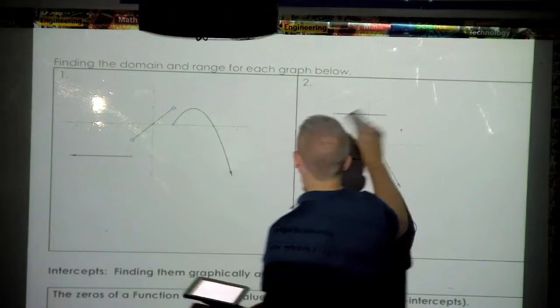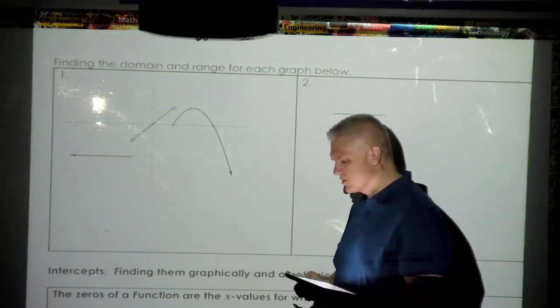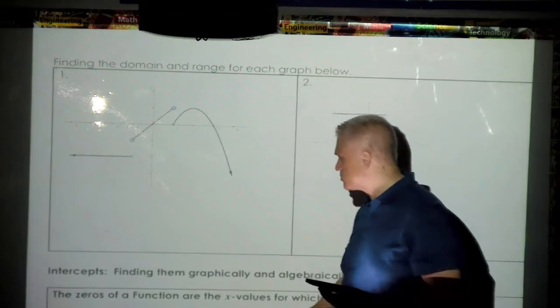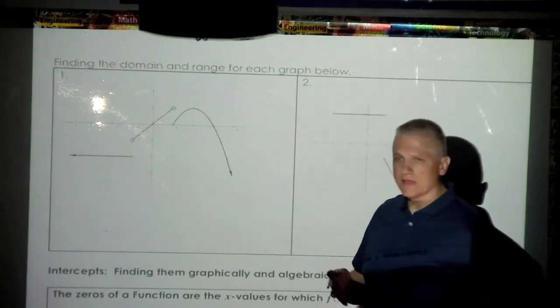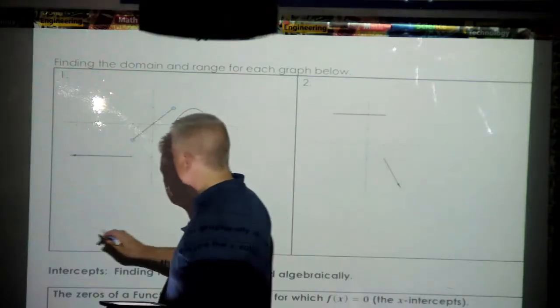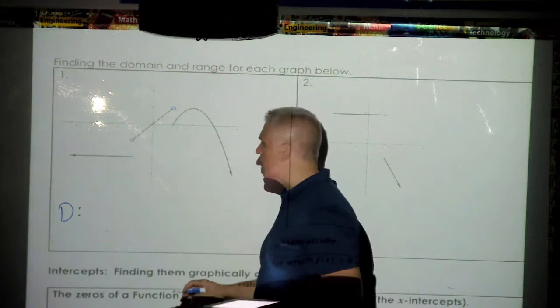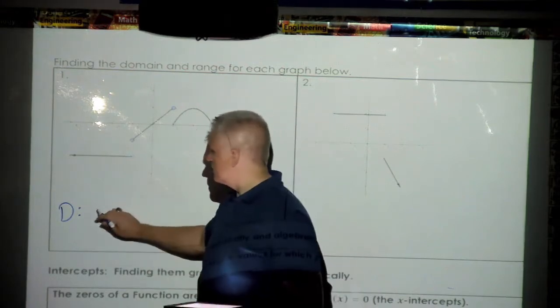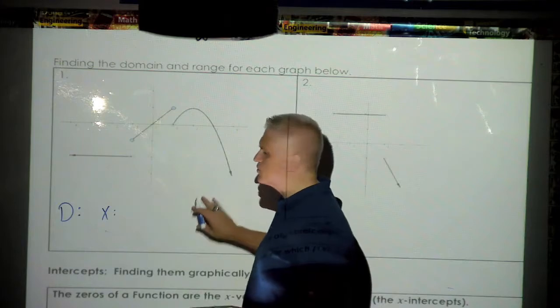Okay, don't get nervous about the piecewise function. Don't get nervous because it looks a little different than maybe what you're used to. We're still going to say how far left, how far right, and are there any breaks? So for the domain, okay, we want to say that X is a part of what interval or intervals?